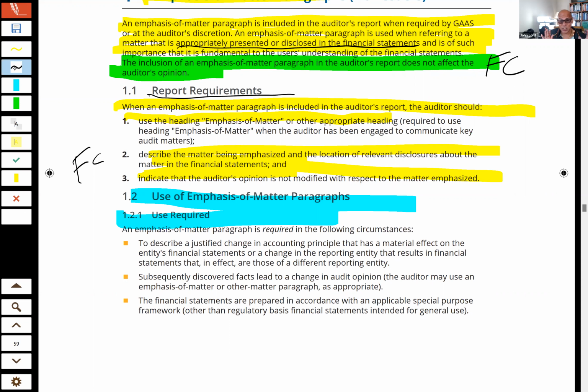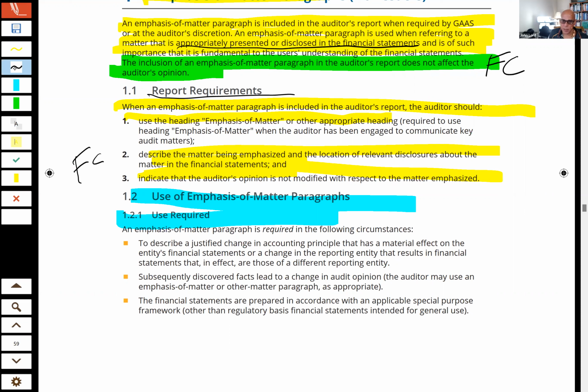And the standards don't tell us. The auditing standards do not tell us, hey, you must place the emphasis of matter in this particular part of the audit report. Generally, it comes right after the opinion paragraph. So we write our opinion paragraph, which comes at the beginning of the report, and generally they stick that emphasis of matter paragraph right after the opinion.